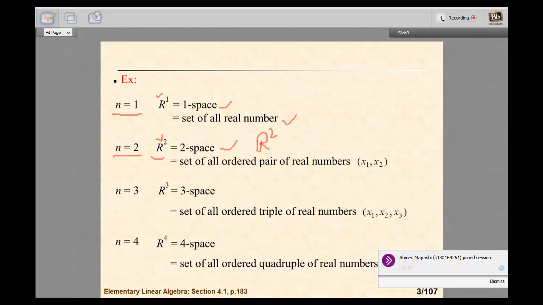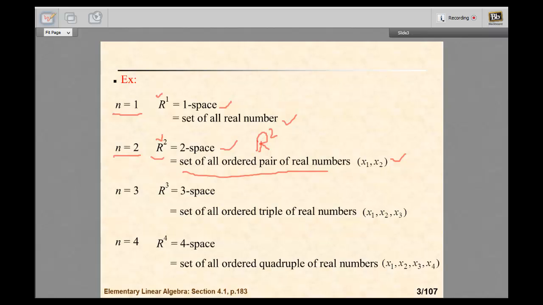An example of the second space is the set of all ordered pairs of real numbers, like x1, x2. Similarly, for R3, three space, an example is the set of all ordered triples of real numbers, like x1, x2, x3. Similarly for 3, 4, 5, 6, 7, 8 up to n space. These are the notations.